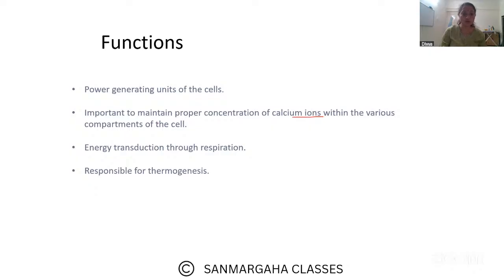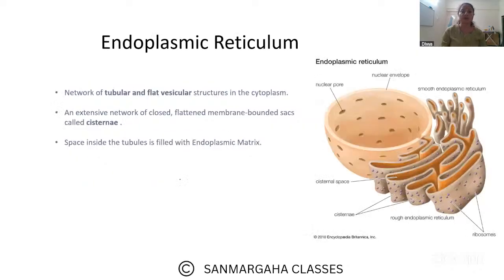And also energy transduction happens through respiration, and as energy is made, thermogenesis is also the responsibility of the mitochondria.